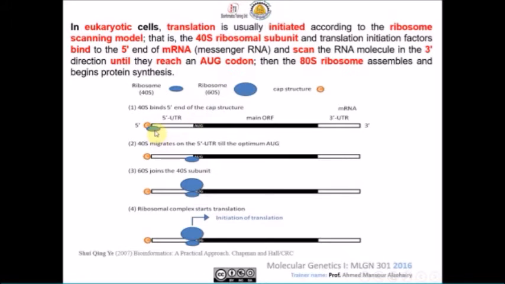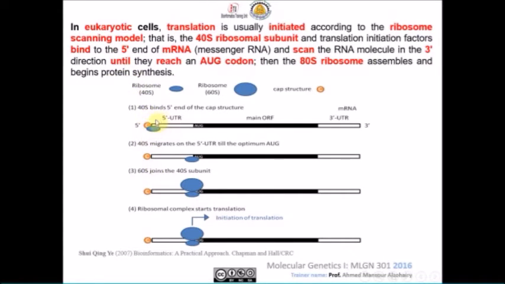So the smaller part of the ribosome attaches to the 5' end and scans until it reaches the start, and then the 80S ribosome assembles and begins protein synthesis.